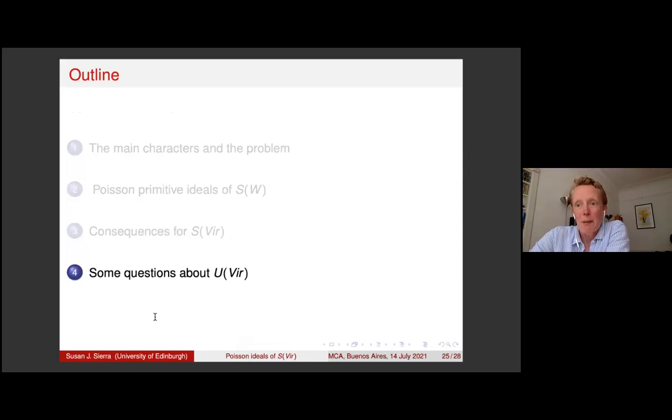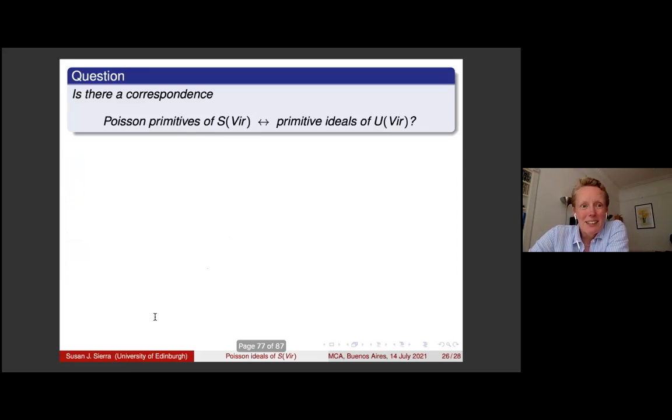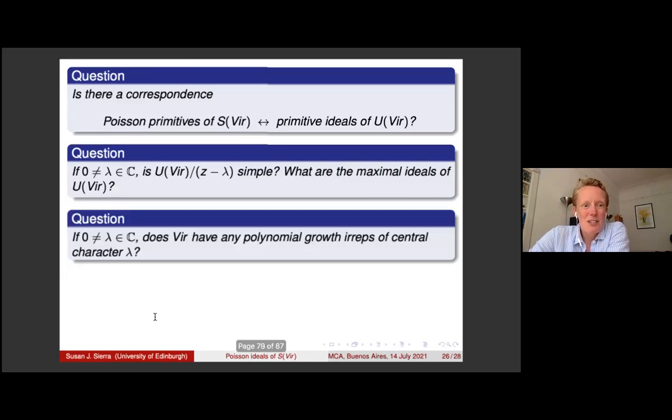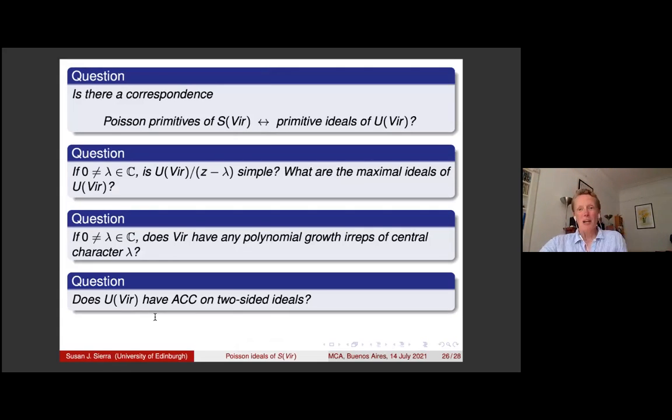Okay, but I care about enveloping algebras. So to end the talk, I'm just going to ask a bunch of questions about the enveloping algebra. Is there a version of the orbit method? Once we know about Poisson primitives of the symmetric algebra of Virasoro, which are supposed to be coadjoint orbits, does this tell us about primitive ideals of the enveloping algebra?